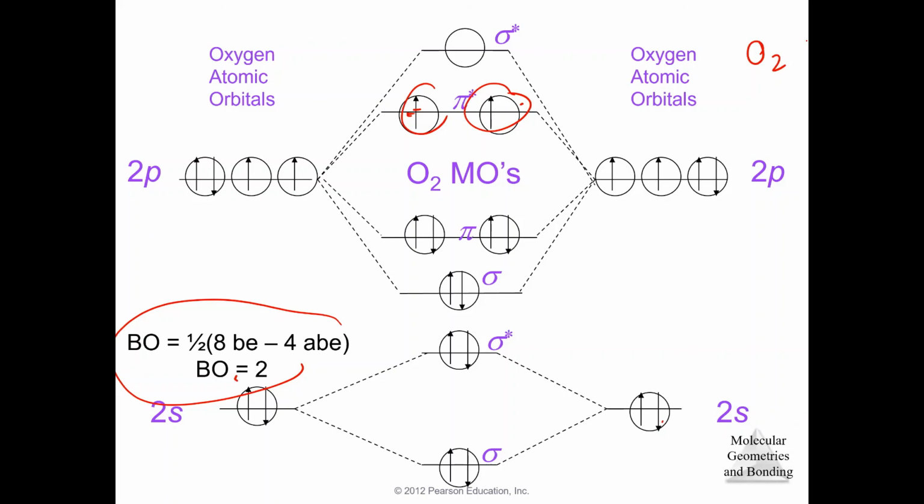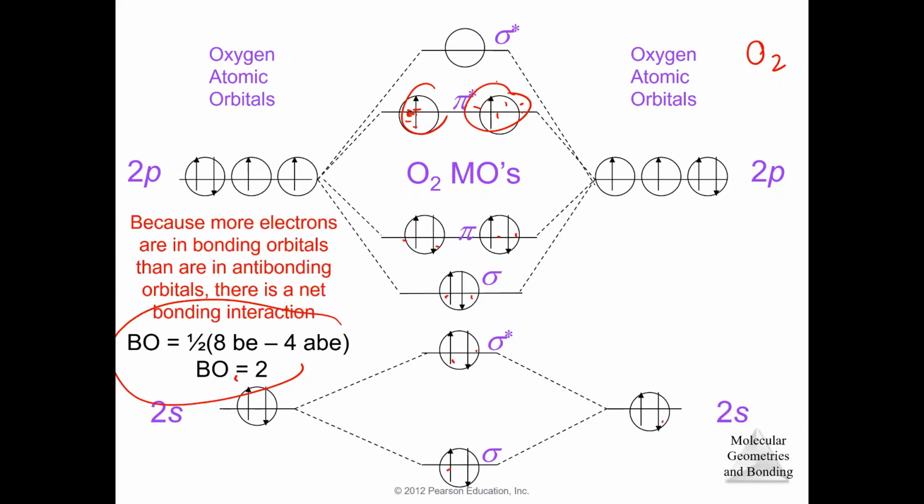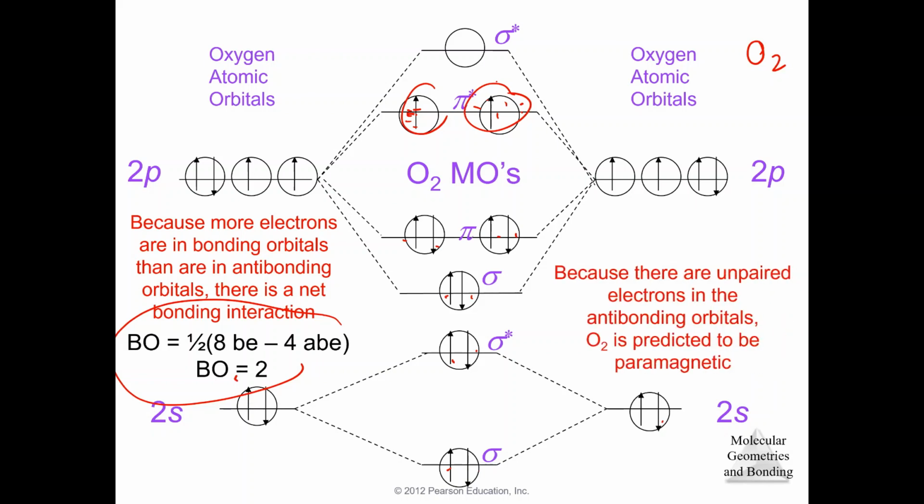So you start putting electrons in: 1, 2, 3, 4, 5, 6, 7, 8, 9, 10, 11, 12. The way the electrons go here indicates this is paramagnetic. And you can write the electron configuration the same way I wrote it. The reason I'm emphasizing electron configuration is that's what I'm going to give you on the test.